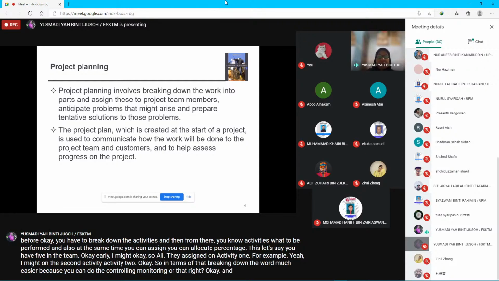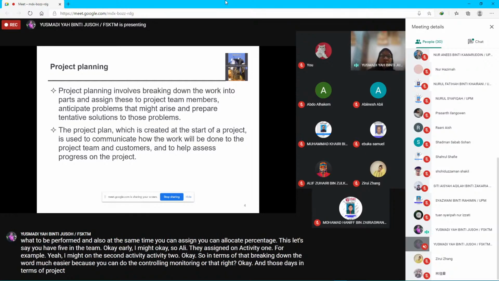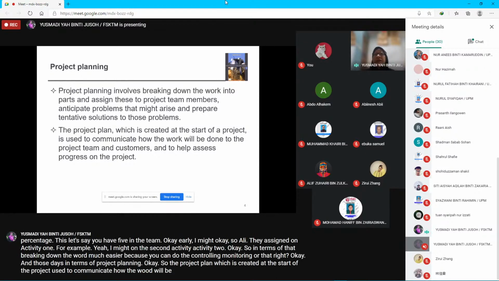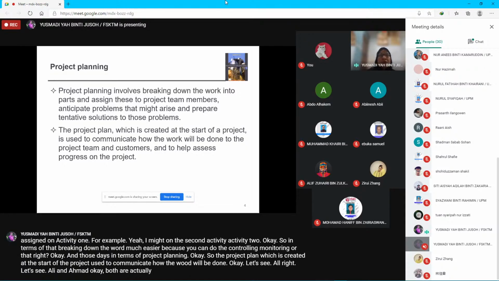That is in terms of project planning. The project plan, which is created at the start of the project, is used to communicate how the work will be done. Let's say Ali and Ahmad are both working on requirement capturing, the requirement specification.